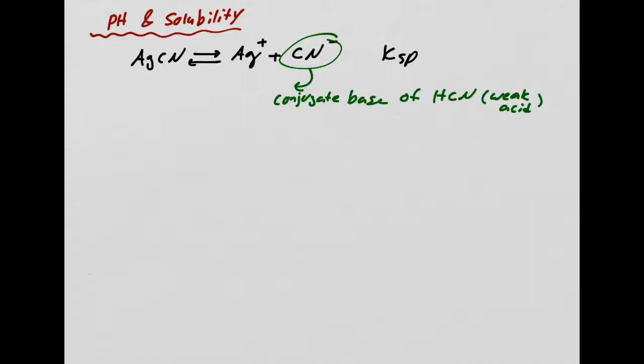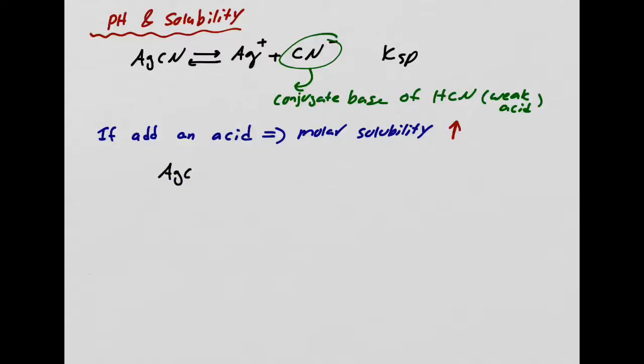If we add an acid, then what's going to happen is that the molar solubility will increase. And I'll show you why that is and how that works. So here I have this AgCN in solution, right?